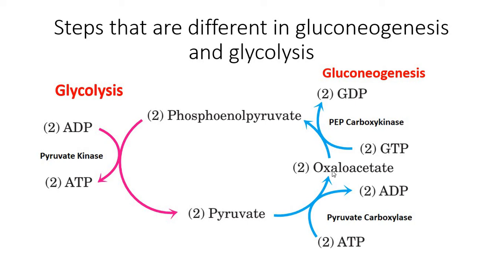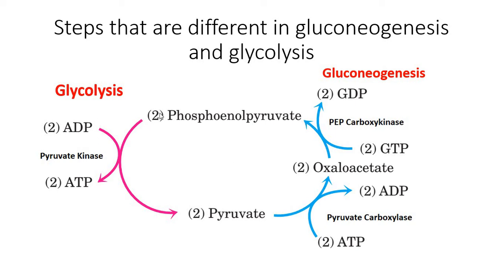Then the oxaloacetate converts to phosphoenol pyruvate. Here two molecules of GTP are utilized for two molecules of pyruvate to two molecules of phosphoenol pyruvate, and the enzyme is phosphoenol pyruvate carboxykinase. This leads to formation of phosphoenol pyruvate.